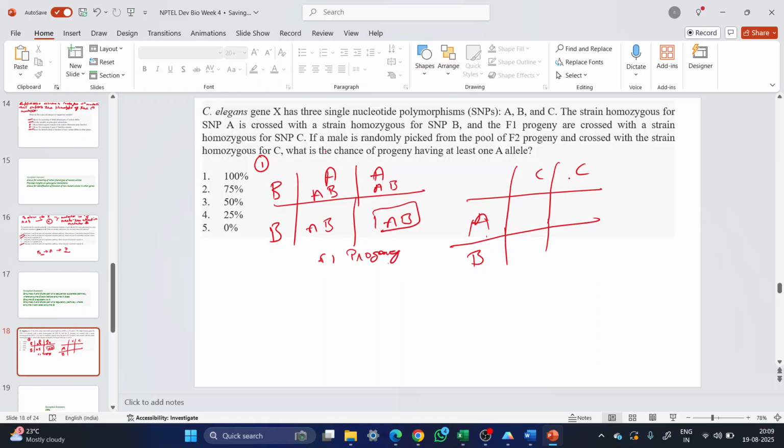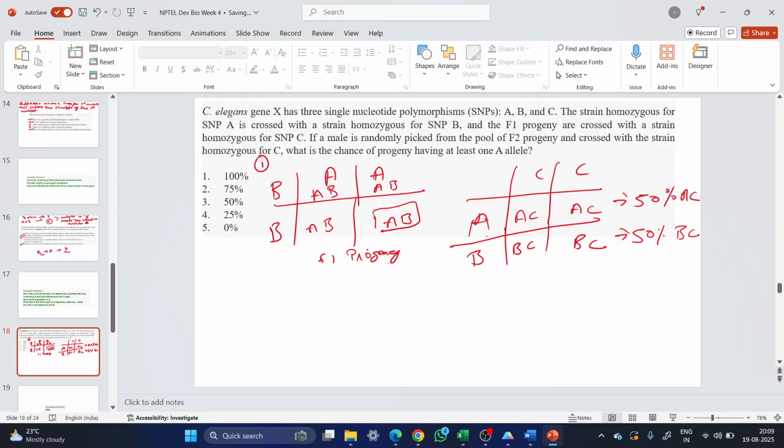Homozygous means both the alleles are the same. So what is the result? It will form AC, AC, BC and BC. This means 50% it forms AC and 50% it forms BC. So I hope up till here it is clear.